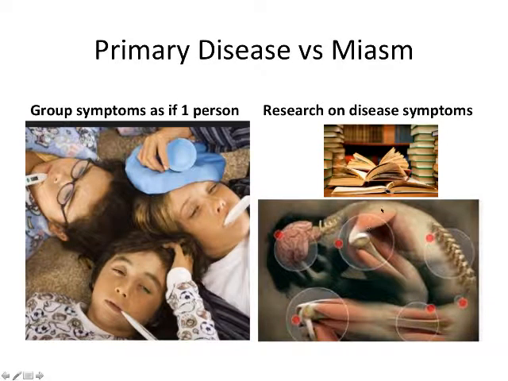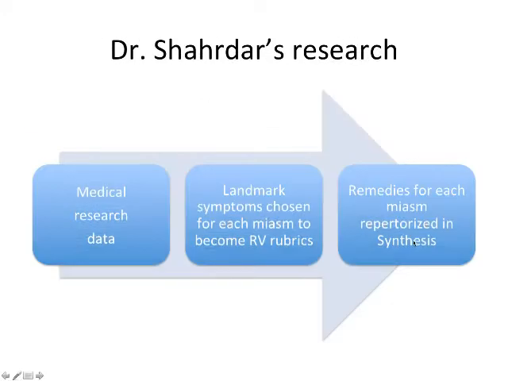And we know what the symptoms of a disease like EBV are, and it's the collective symptoms. This person may not have all of these symptoms, but the disease may be in all of these different parts of his body, and these are all in books. So this miasm is based on research of disease symptoms.